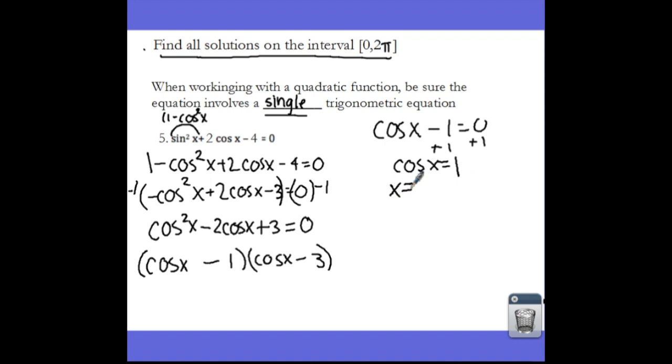So then you know that cosine of x equals 1 at x equals 0 and 2 pi. But if you look at the directions, it says on the interval 0 to 2 pi, and that's a closed parentheses there. So 2 pi is not in the interval, so 2 pi is not a solution to the equation. And now let's look at cosine of x minus 3.